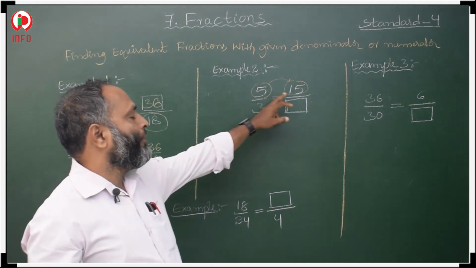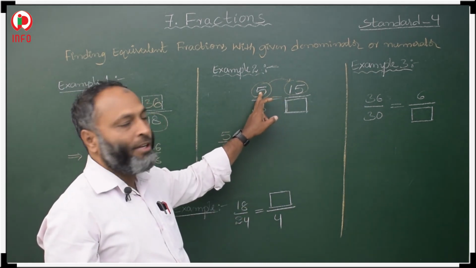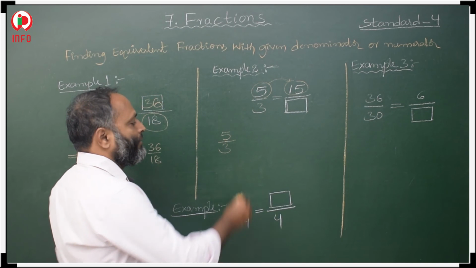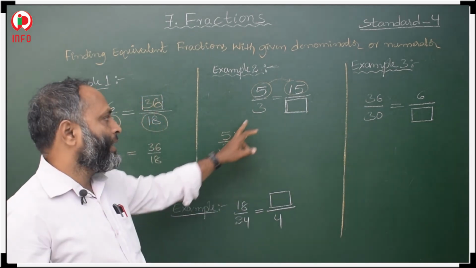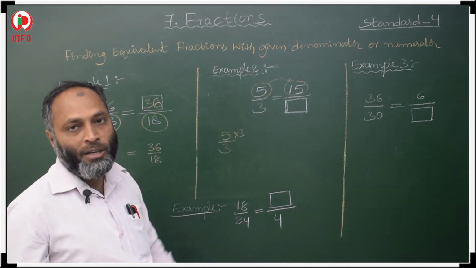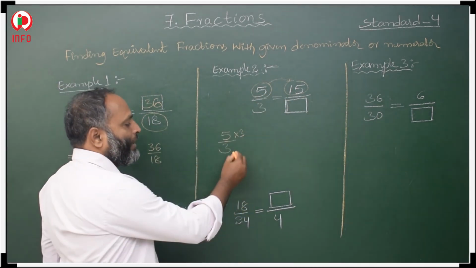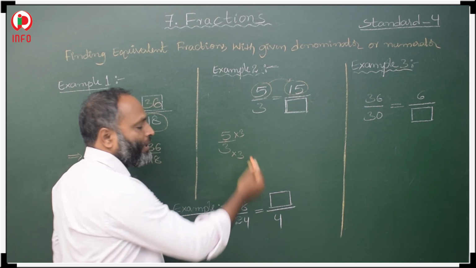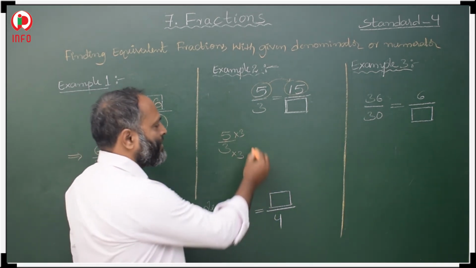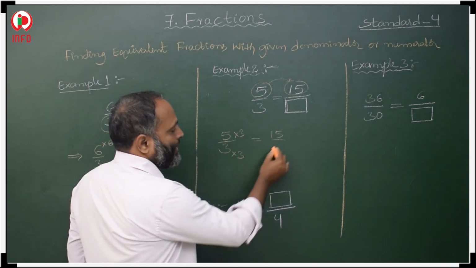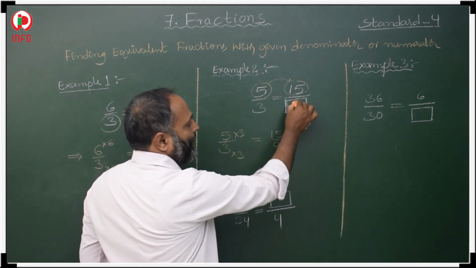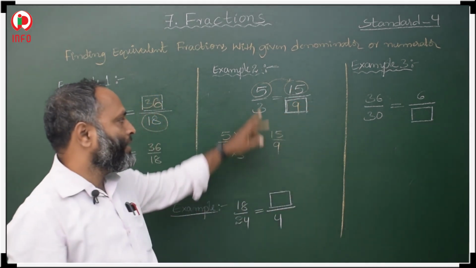We need 15 in the 5 table: 5 threes are 15. If we multiply with 3, then we get this numerator. It means we have to multiply the denominator also with 3. That means 5 threes are 15 by 3 threes are 9. 15 by 9 is the equivalent fraction of 5 by 3.